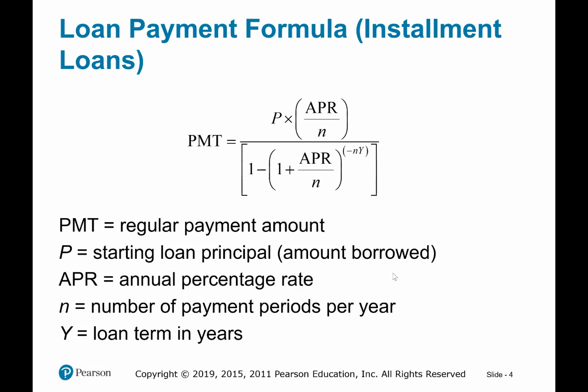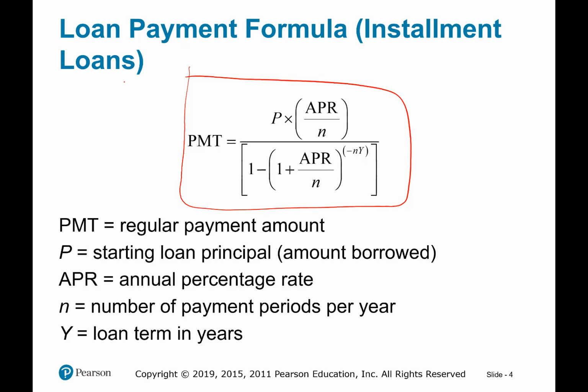But it's a little different because we're talking about paying down a loan instead of making regular deposits into an interest-bearing account. So this is the formula we use for calculating the payment amount for an installment loan. A lot of it is the same as we've seen before.